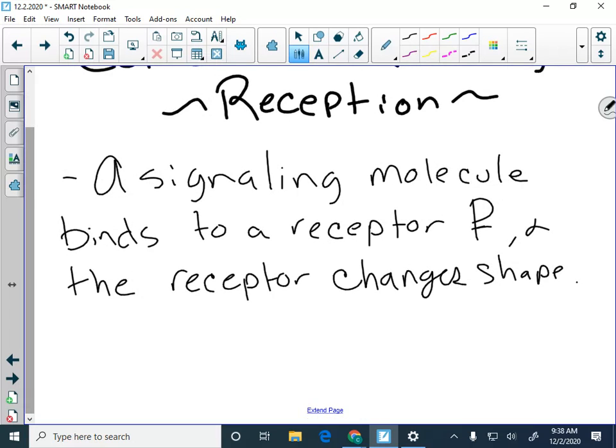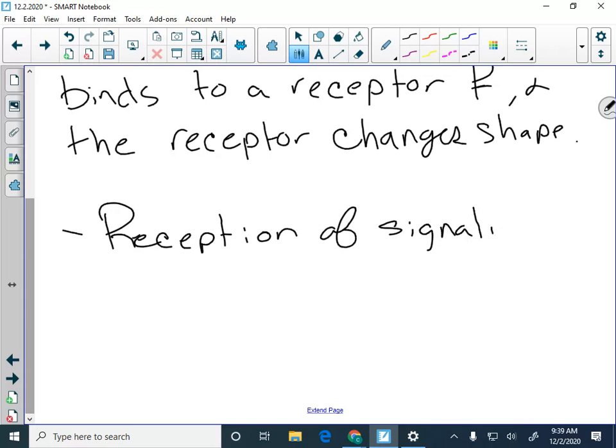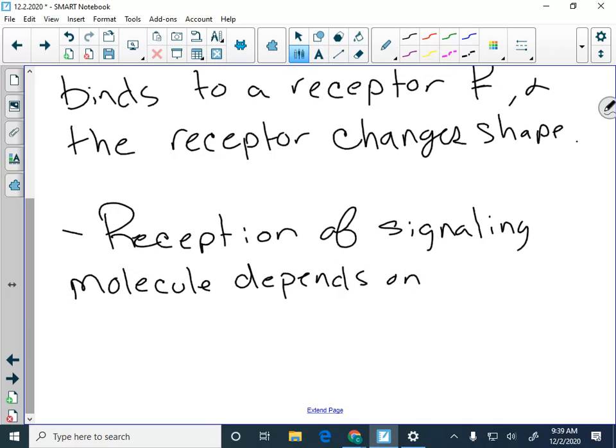So the reception of signaling molecules also depends on the receiver.